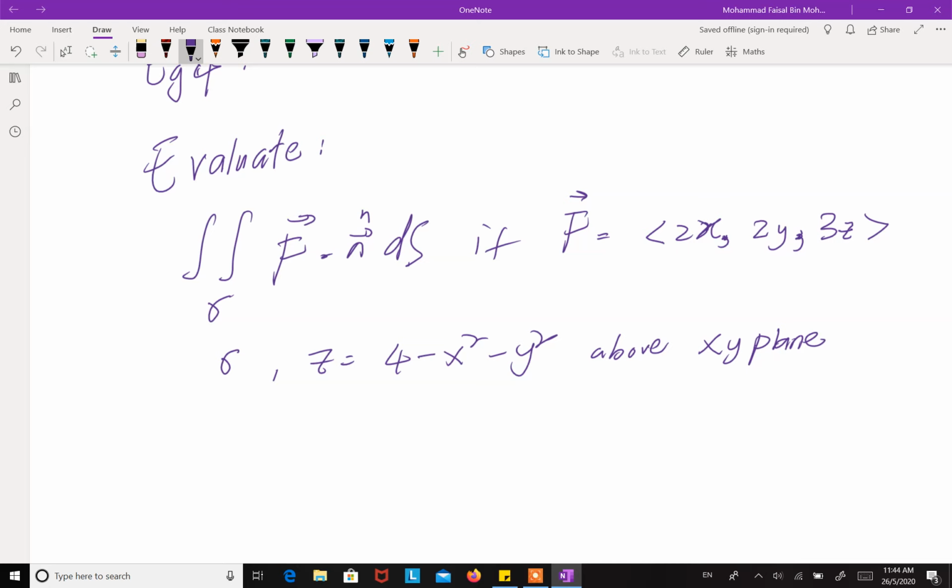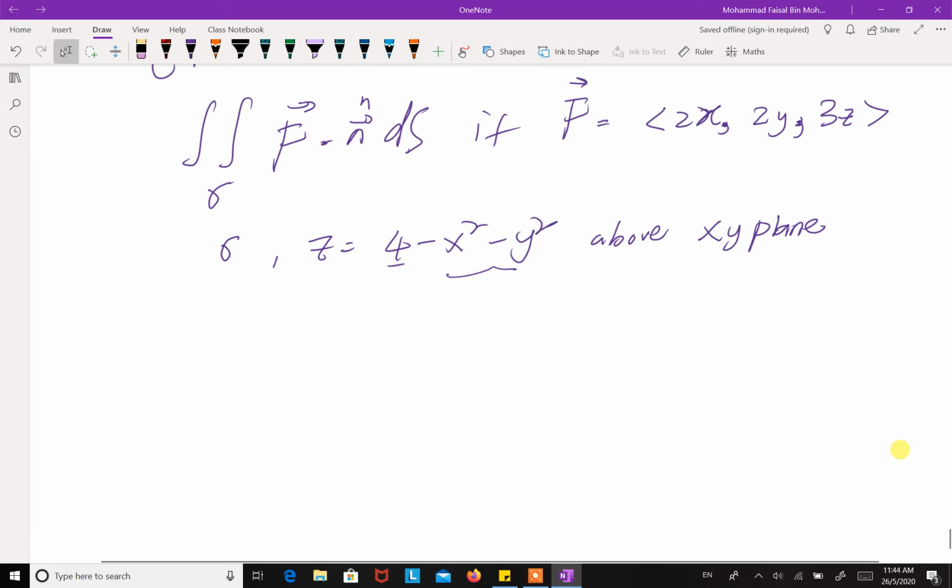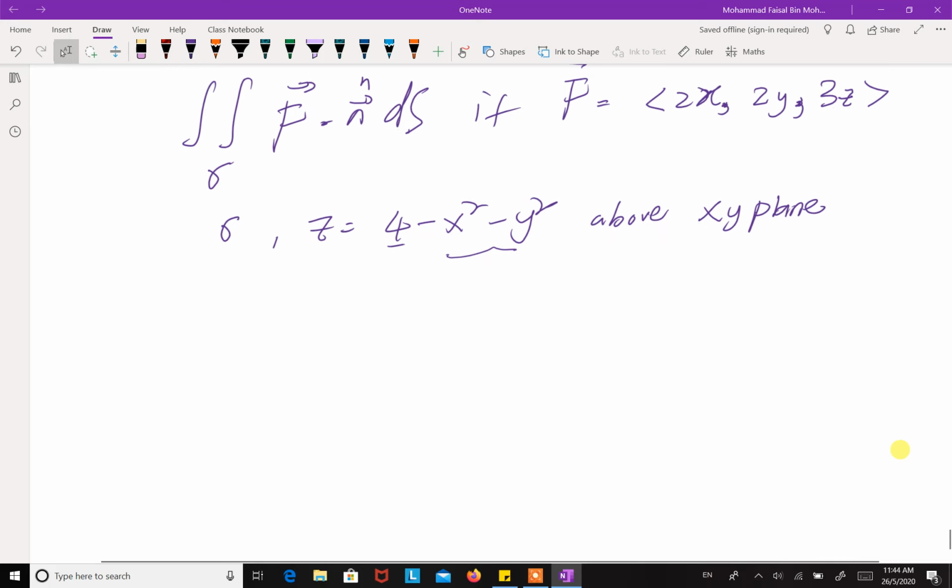Okay, so first you have to sketch so that you can see. If you see 4 minus something, it means it is a maximum curve. Let me draw the 3D diagram first, and then this is 4.